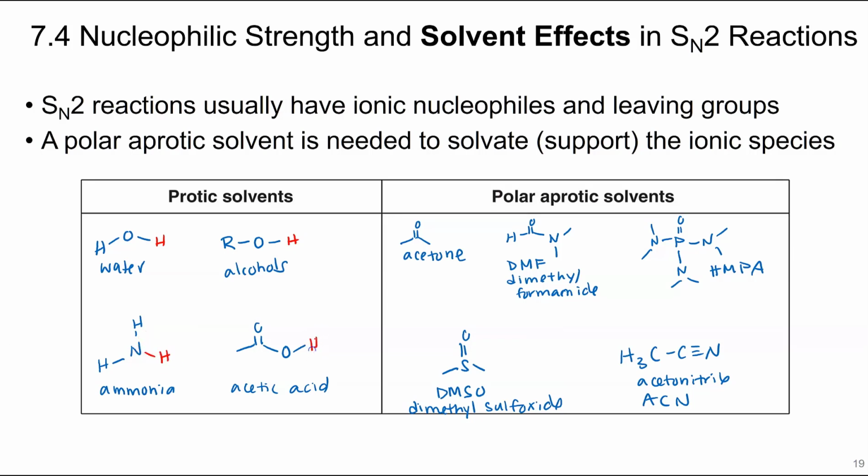So these can all contribute a proton, which means that they also have acidic protons, and that makes it a polar protic solvent. So SN2 ones favor polar aprotic solvents.